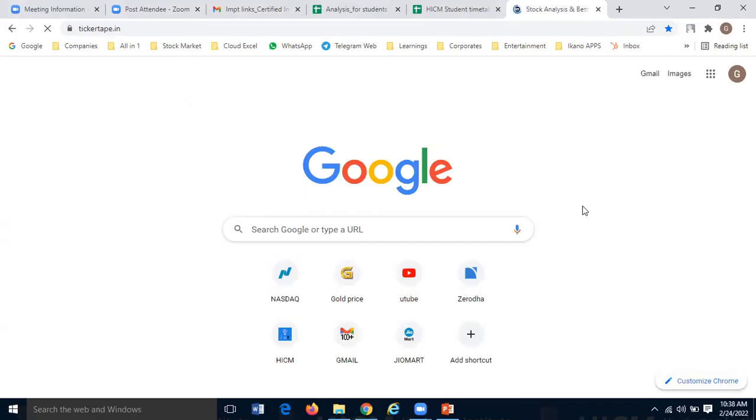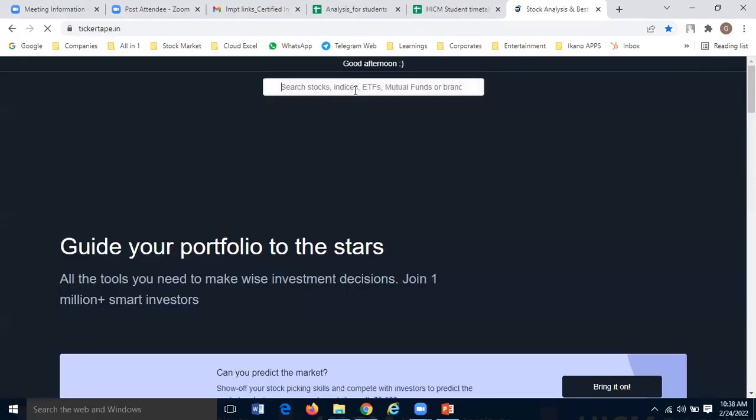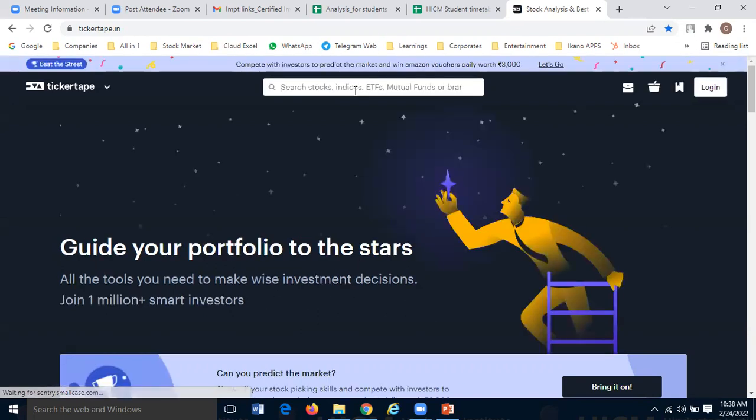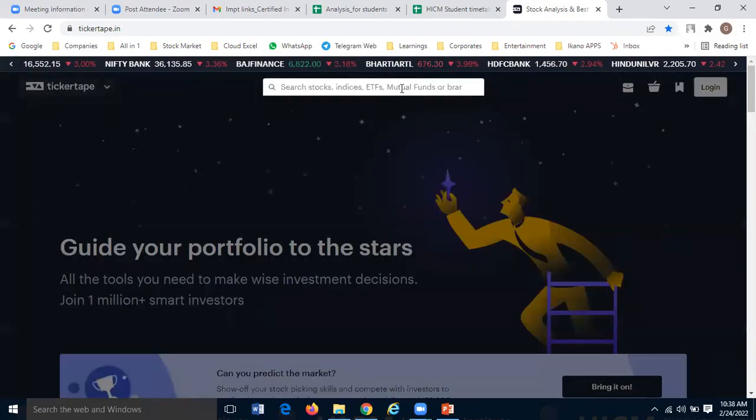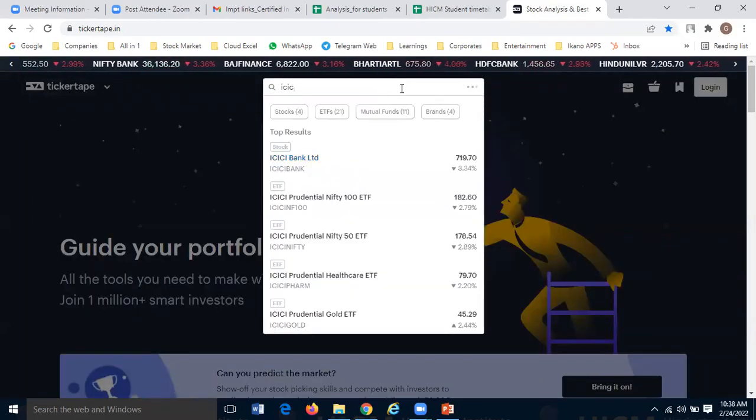Okay, it will give you the industry PE, and suppose for example you are doing research on ICICI Bank. The first thing is that whenever we are doing an equity research, we always have to see from all parameters. Here it is a banking stock.